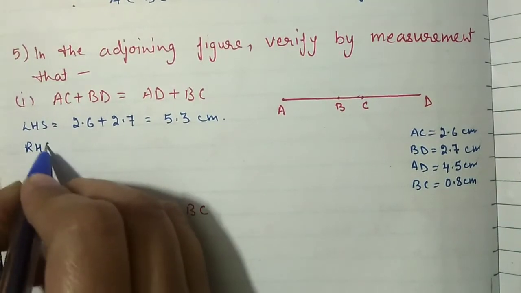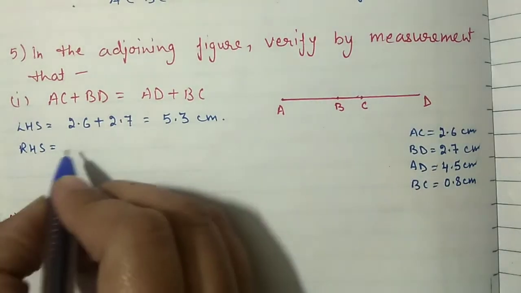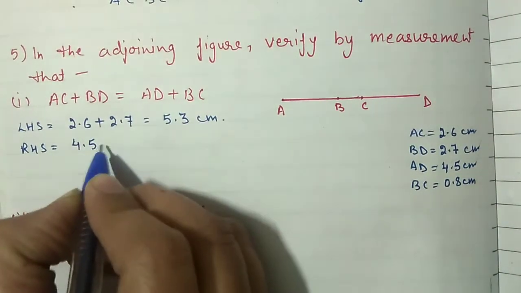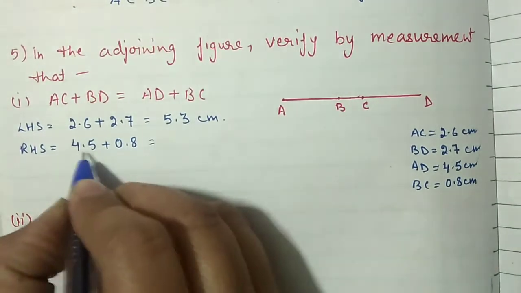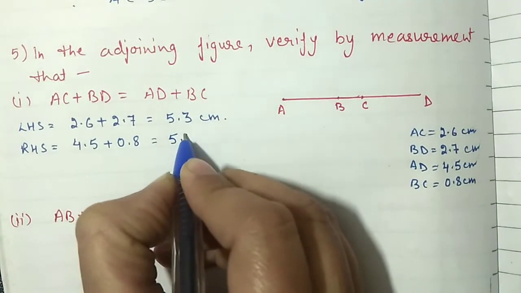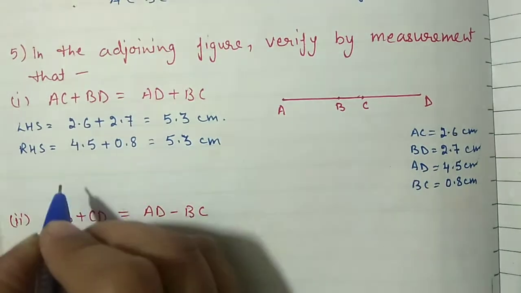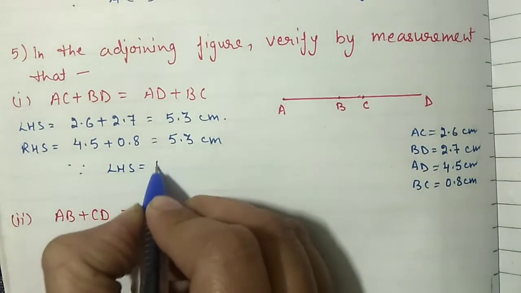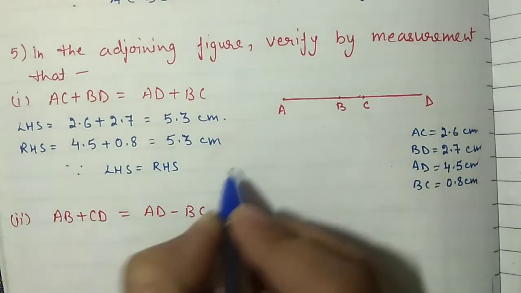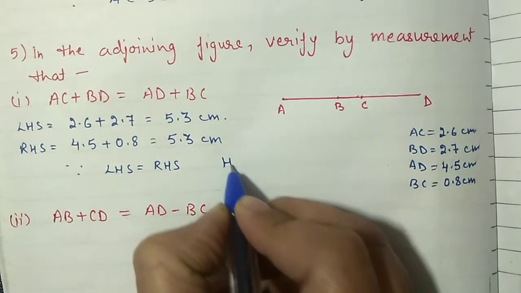Same, right side also we will calculate. AD is 4.5 and BC is 0.8, and if you add you will get 5.3 centimeter. So because left side and right side are equal, left hand side is equal to right hand side, hence verified.